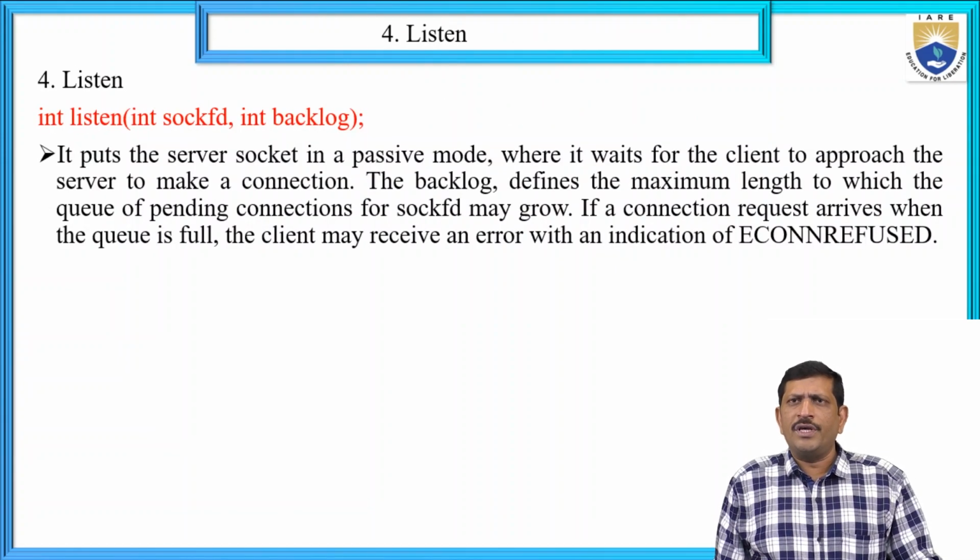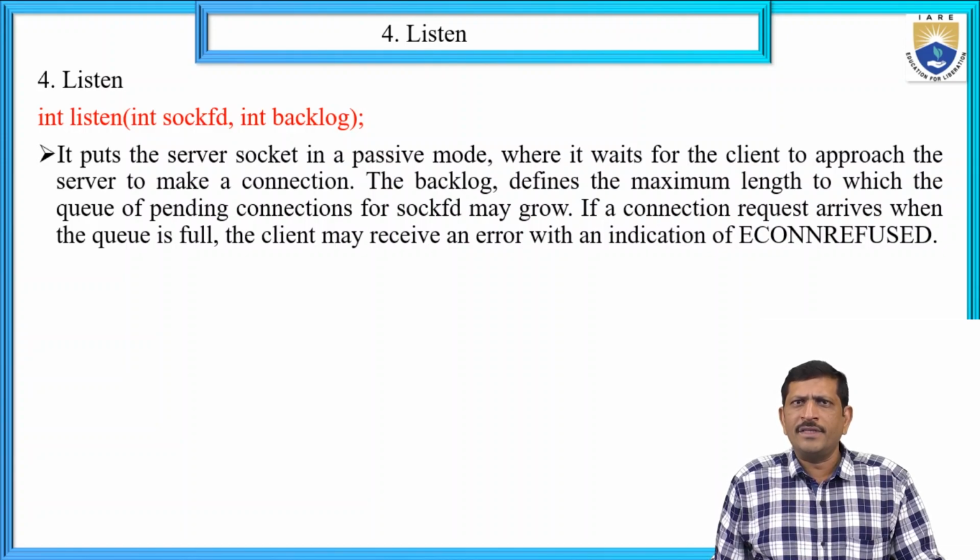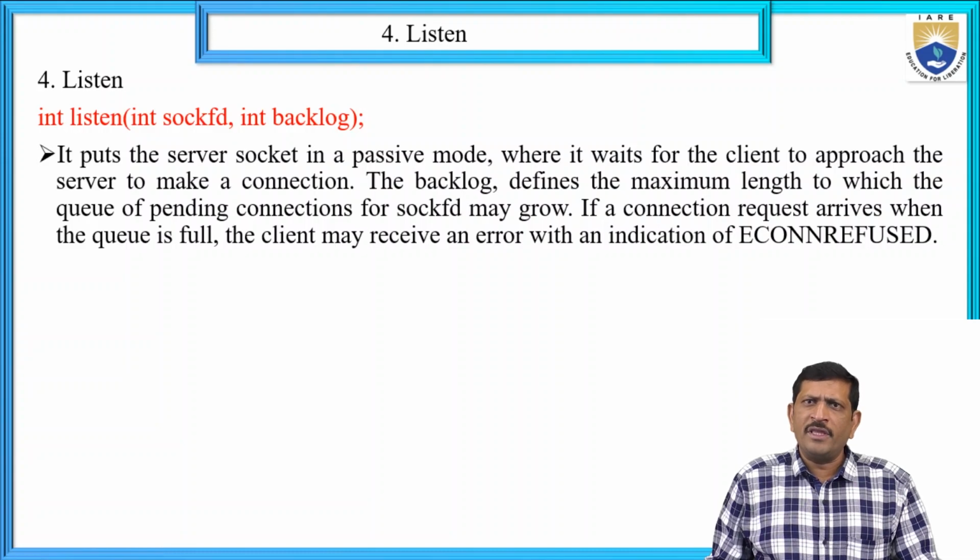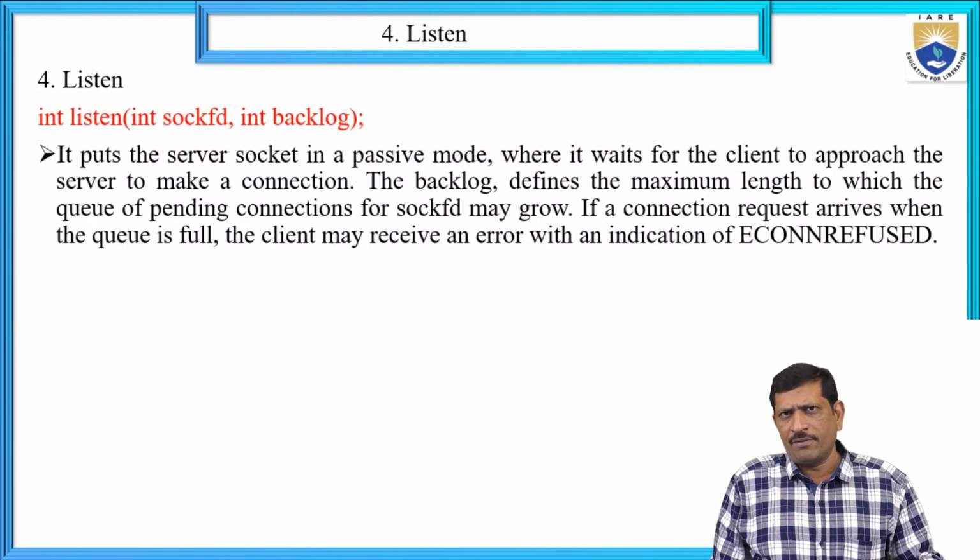Listen, the fourth stage, is listen: int listen(int sockfd, int backlog). Whenever the server is listening, it establishes the connection and performs the accept functionality. Once accept is performed, the data can be transferred from the client to the server.